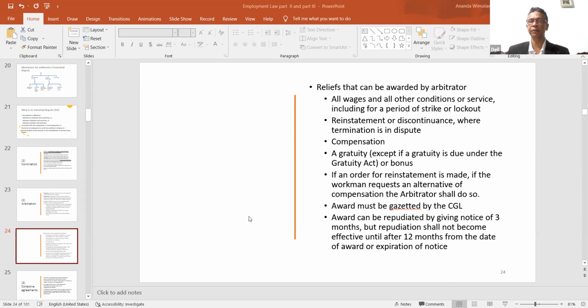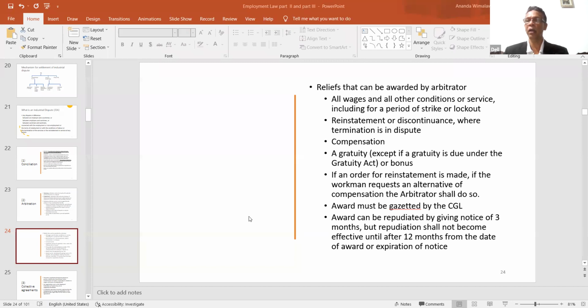For example, with regard to a termination matter, right? Instead of going to the Labour Tribunal, the person may come to the labor department and ask, then parties will be summoned and asked to reinstate, and whether it is compulsory or voluntary, the matter will be referred to an arbitrator.